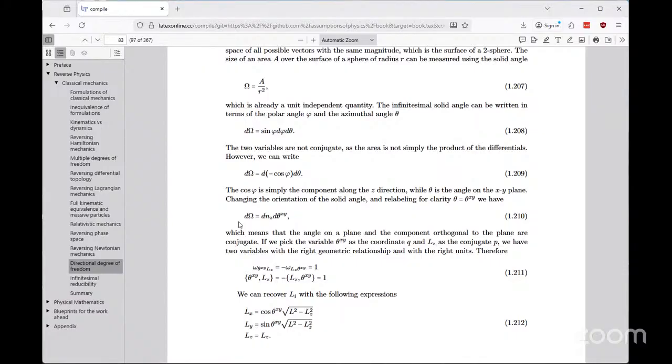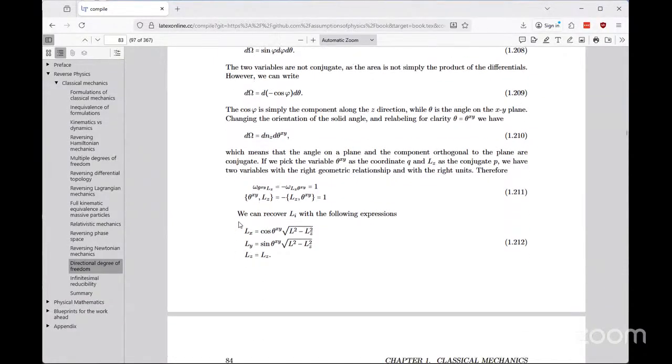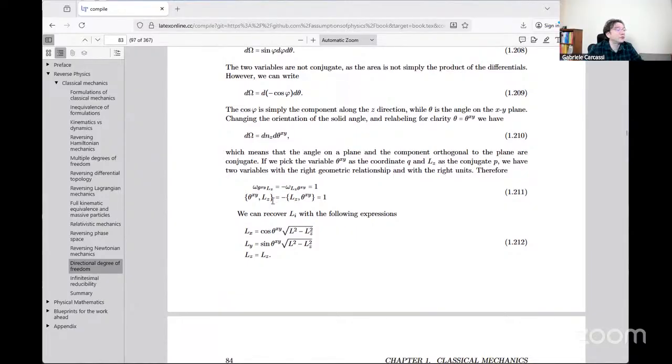Basically, what we're doing is trying to find what the conjugate variables are. And the conjugate variables are the angle and the component on the perpendicular of the plane where the angle is defined. And so you get the right commutation relationship.